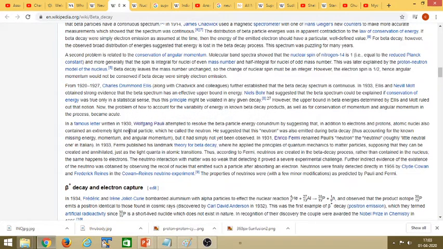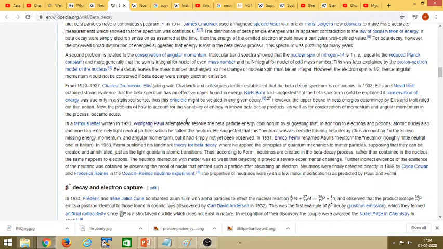Based on this, Wolfgang Pauli attempted to resolve the beta decay energy conundrum by suggesting that in addition to electrons and protons, atomic nuclei also contained an extremely light neutral particle, which he called the neutrino. So this was further renamed to the neutrino based on what he was looking for.